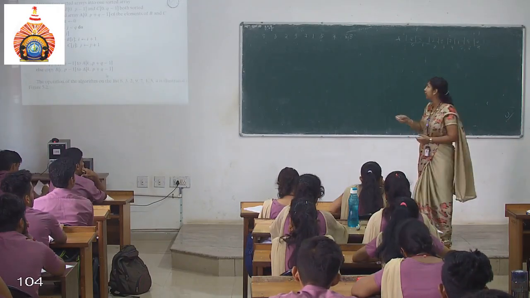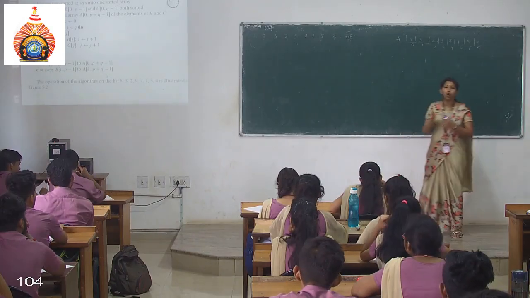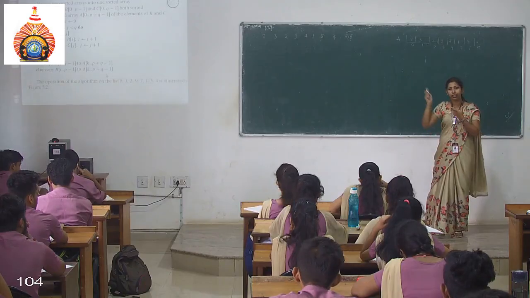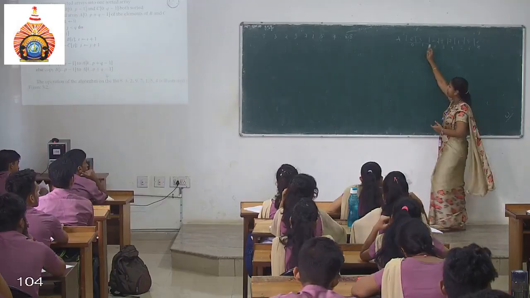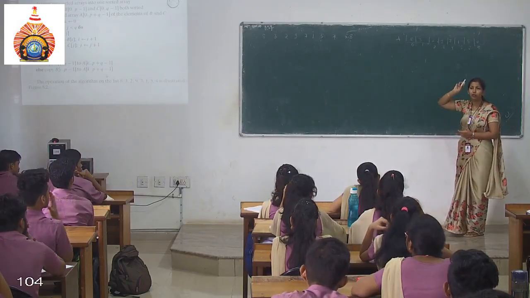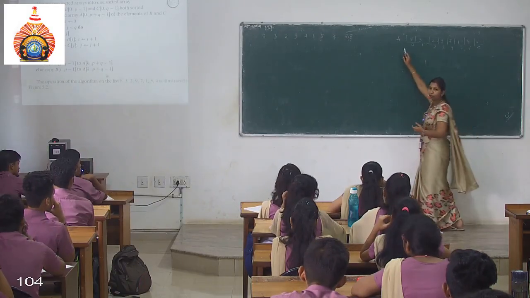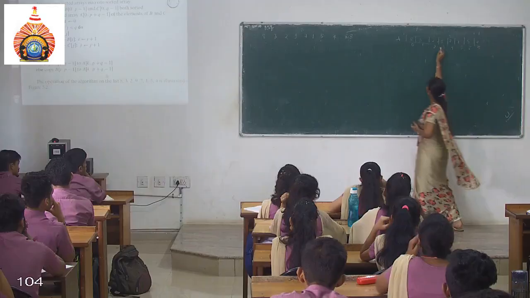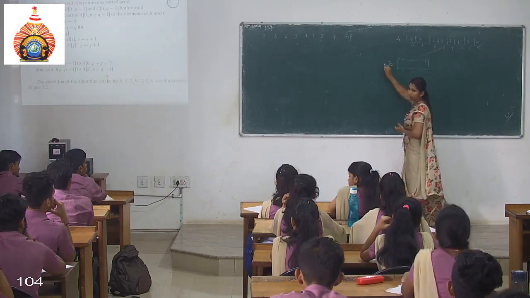N value is 8, so n by 2 is 4. In the sense, from A, the elements from 0 to n by 2 minus 1, which is 3, are copied into one more array, that is B.